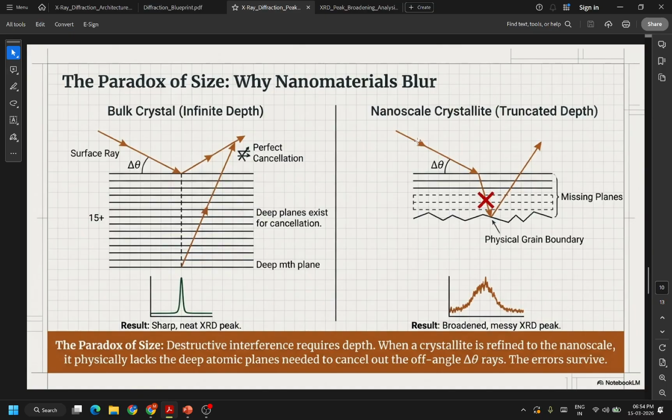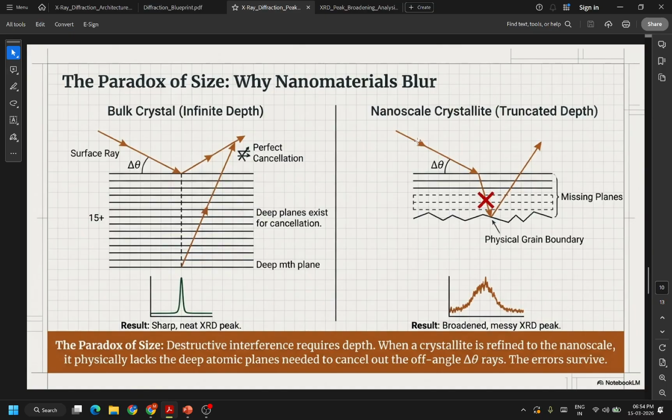But if we take a very thin film, like a nanoscale material, which is very thin, it does not have those deep planes to cancel out the surface rays, and due to which it is not able to cancel out a lot of peaks.